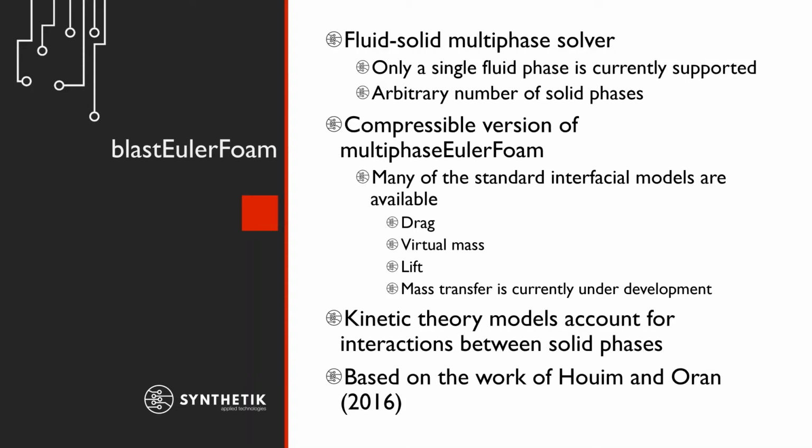These are different than OpenFOAM because they do account for all solid phases. So there's basically pair interactions as well as a cumulative effect of all the solid phases. So alpha solid, not alpha solid 1, 2, and 3. And all of this is based on, at least the compressible side, the work of Houim and Oran from 2016. I'll refer to them later in the validation cases as well.